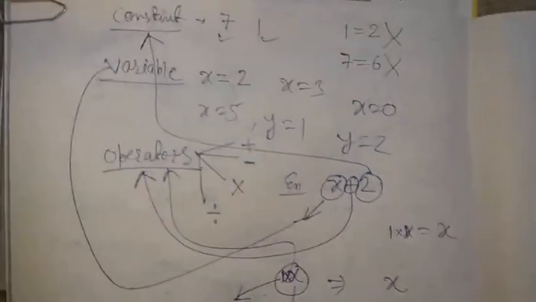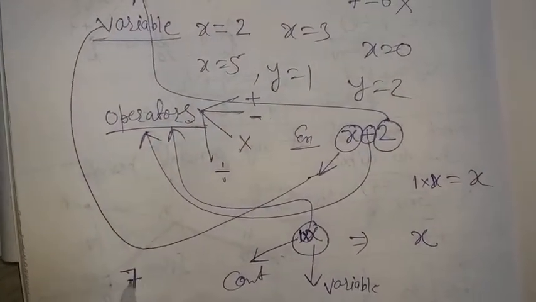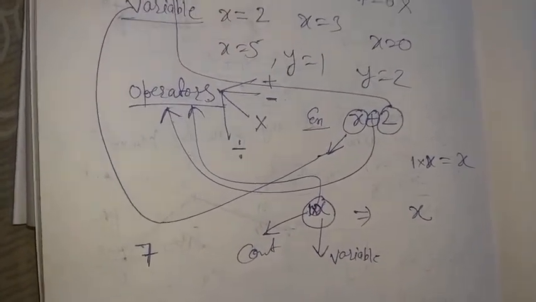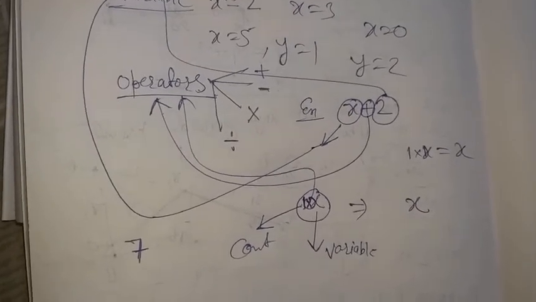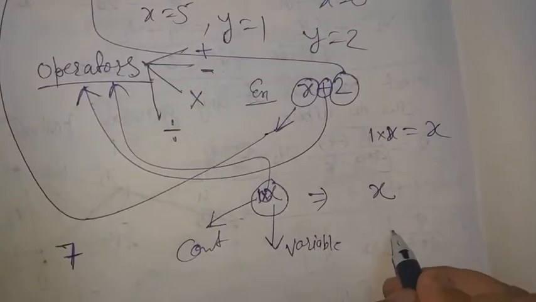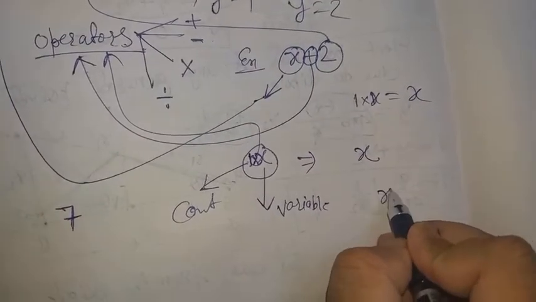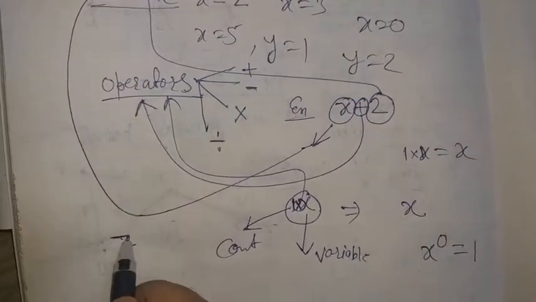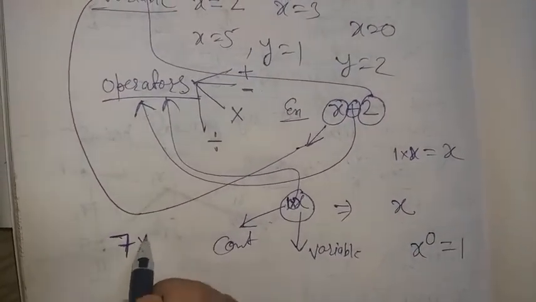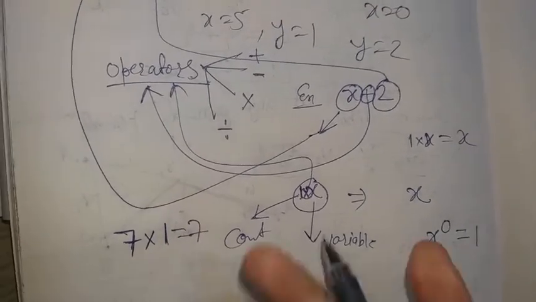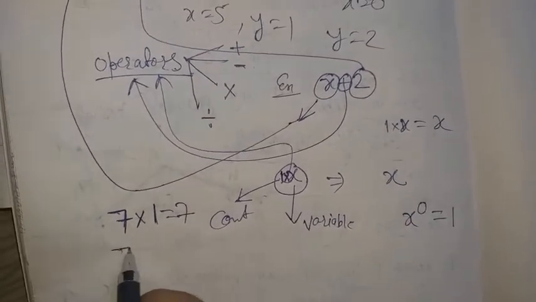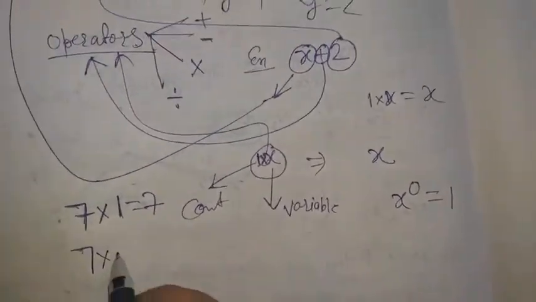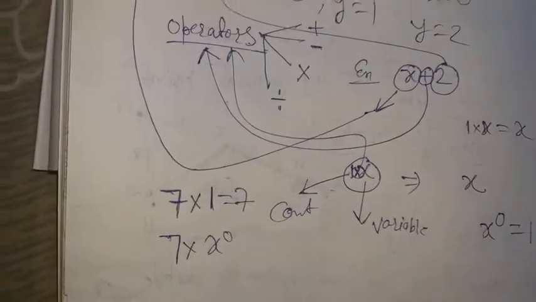If someone tells you only 7 is an expression, yes, we can say that 7 is an expression because, as you know from the first chapter, any number to the power 0 is 1. So if 7 is there, we can multiply with 1, and that is also 7. At the place of 1, we can write x to the power 0.